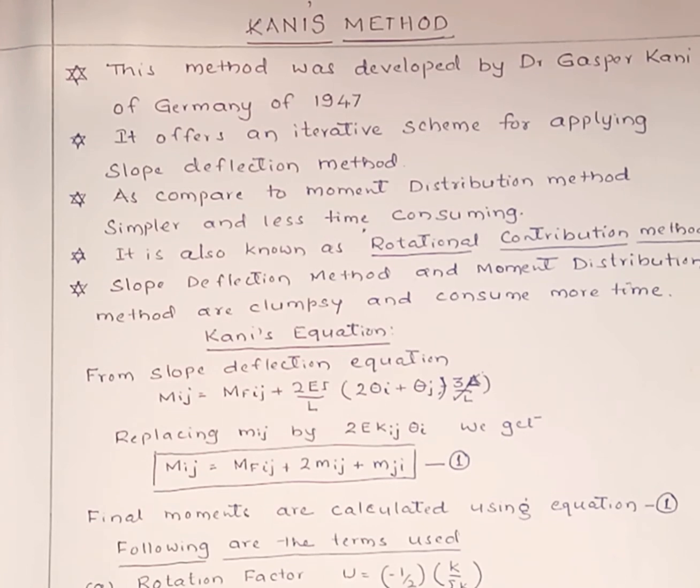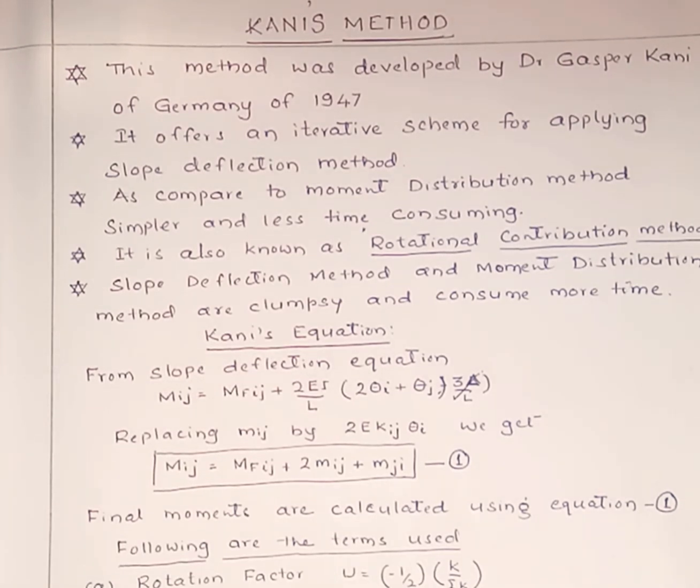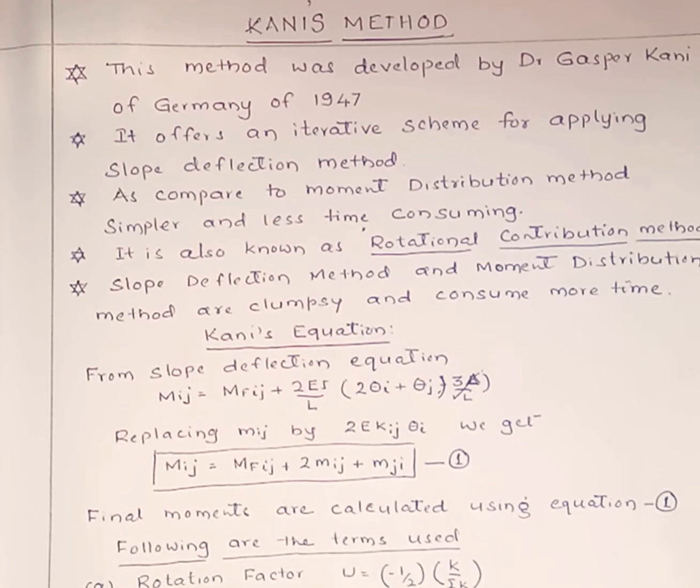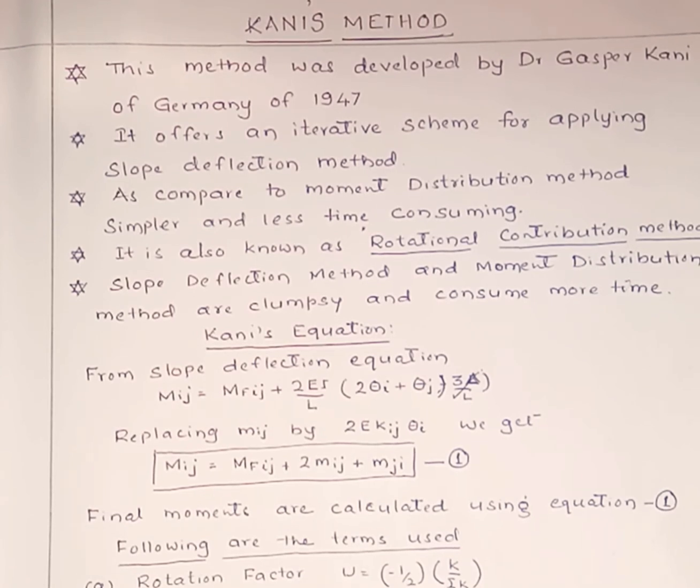Then we will get Mij, the final moment in span ij, equals the fixed end moment in span ij, plus 2 mij plus mji, where small mij is nothing but the near end rotational moment, plus 1 times small mji, that is the far end rotational moment.